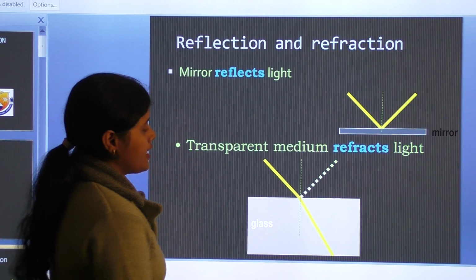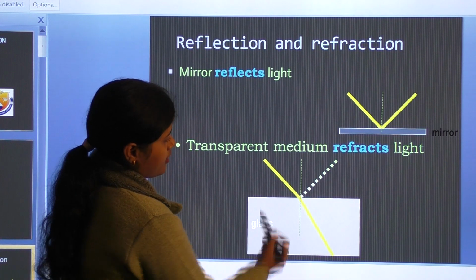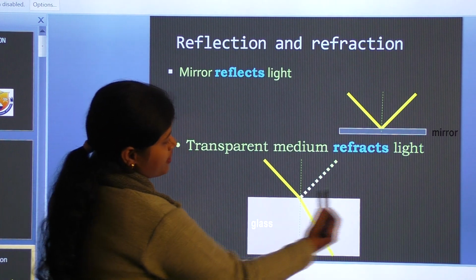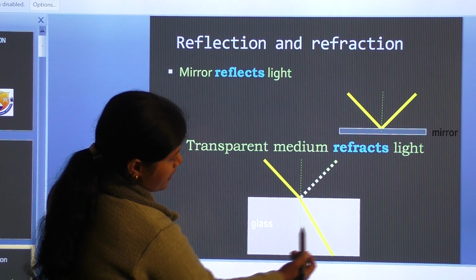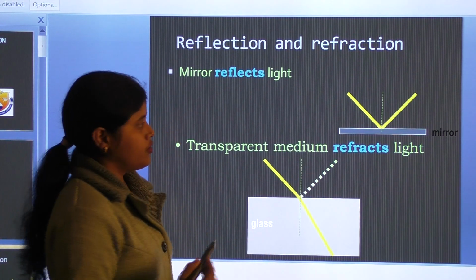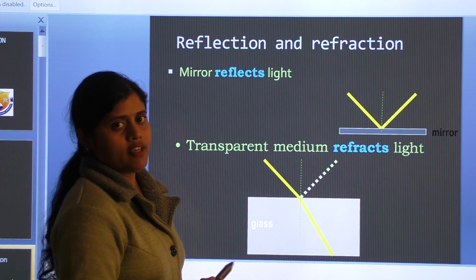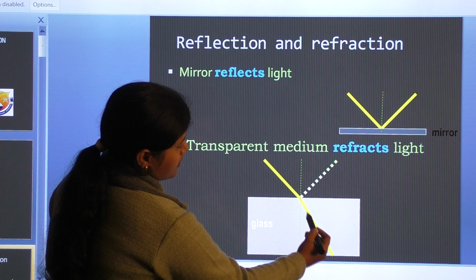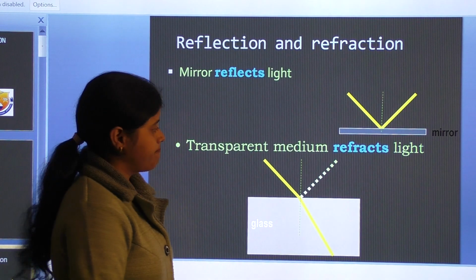If there were no glass present here, the light would have gone in a straight line, but due to the presence of the glass medium, it has bent a little towards the normal, and this is the normal. Always know that the angle is always measured from the normal. This is the incident angle and this is the refracted angle.